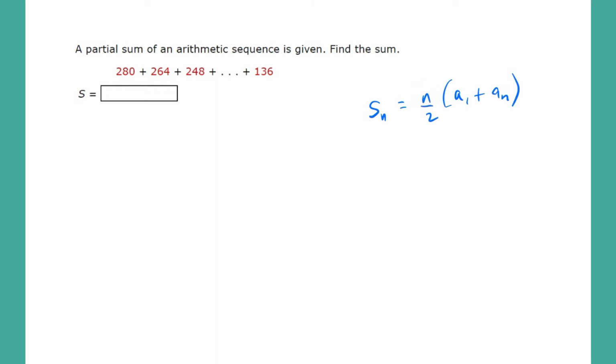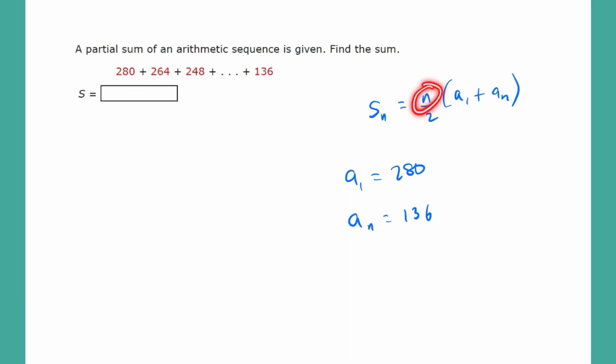We don't know the number of terms. We see 1, 2, 3, 4, but we don't know how many are in between these two terms. So the missing variable here is n. We know the first term, a sub 1, is 280, and we know the last term, 136. So we got that, we need that.